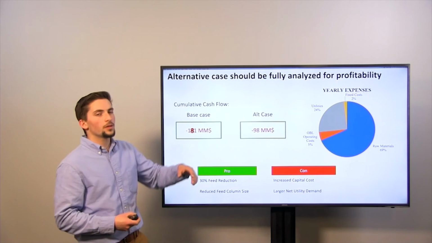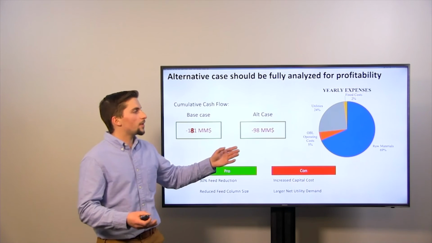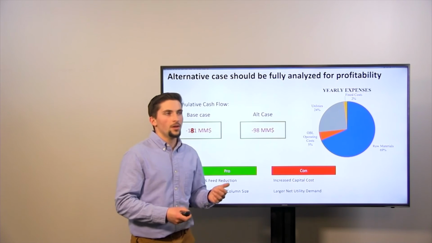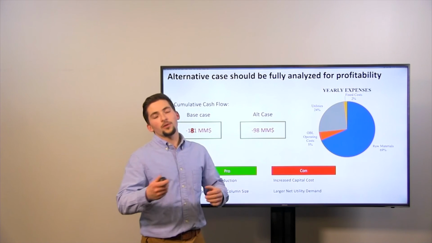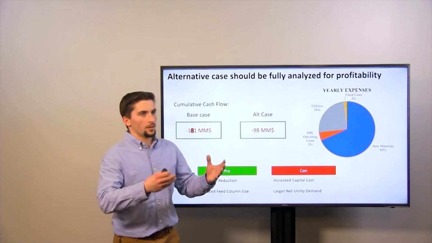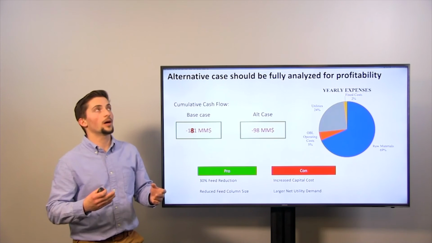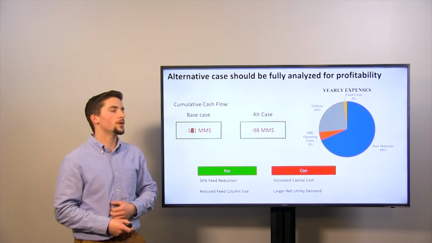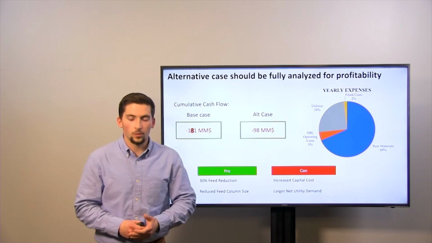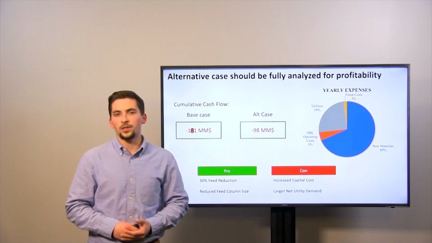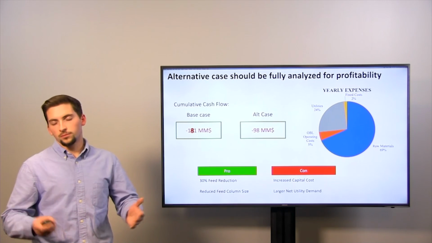So looking at yearly expenses, this alternative design has a raw material value that decreases by about 3%, or almost 3% of the overall value, but 30% in total cost. But utilities now make up a much larger portion of the costs in this design. So overall, it's worth exploring as it saves money, but it's not a complete winner.